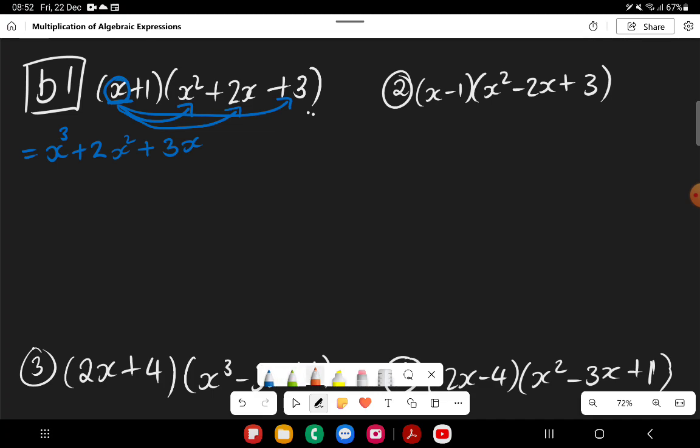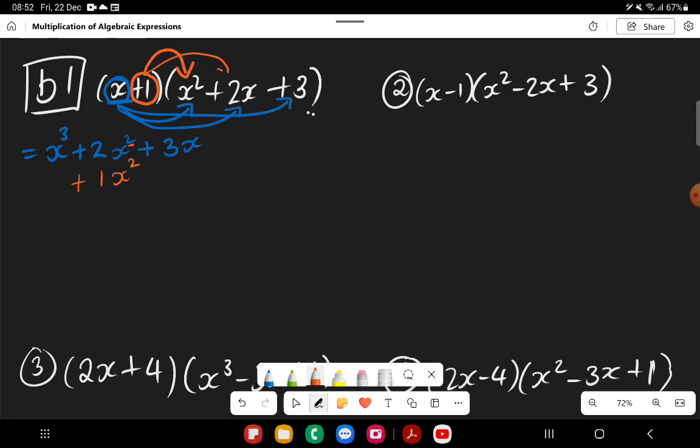Now let's distribute the 1. Okay, so we're going to say 1 times x squared. Now notice what I'm going to do in my answer is move 1 to the right, because this is x squared and that's x squared, I'm going to write it underneath this one. Plus times plus is plus. 1 times 1 is 1, x squared.